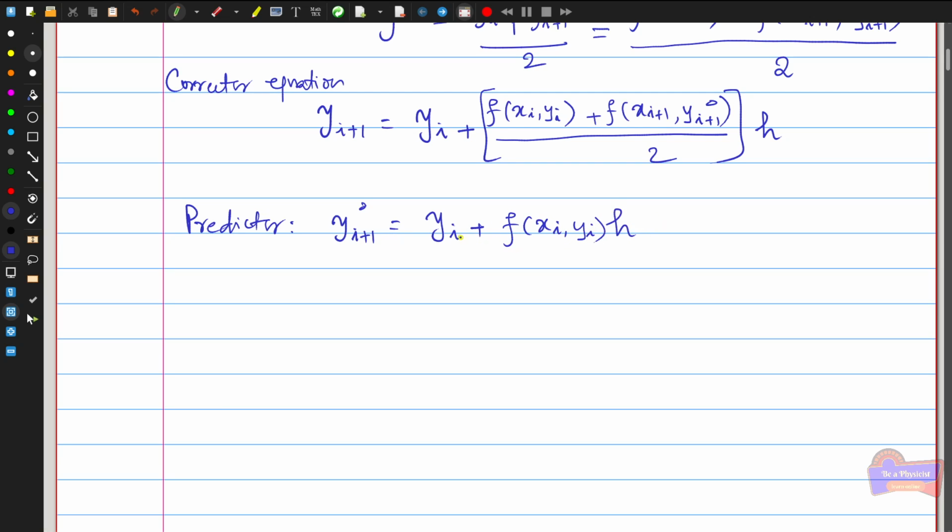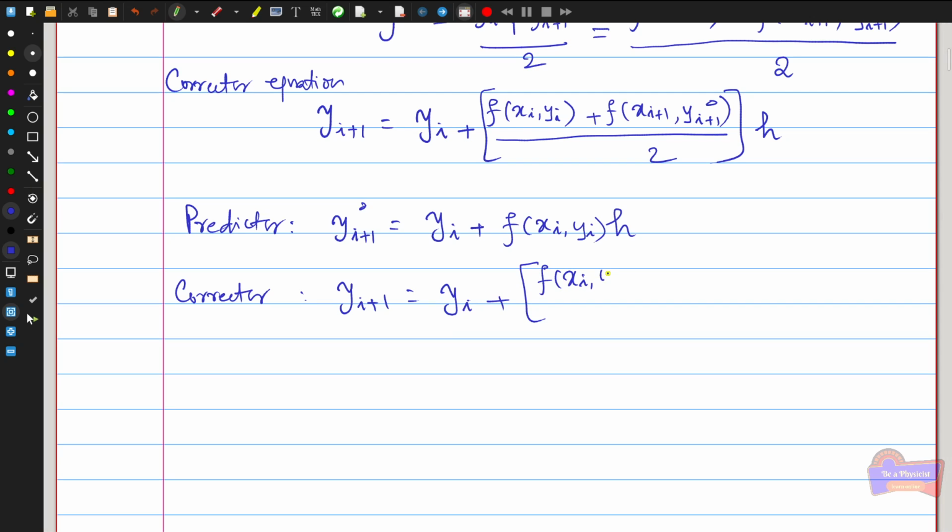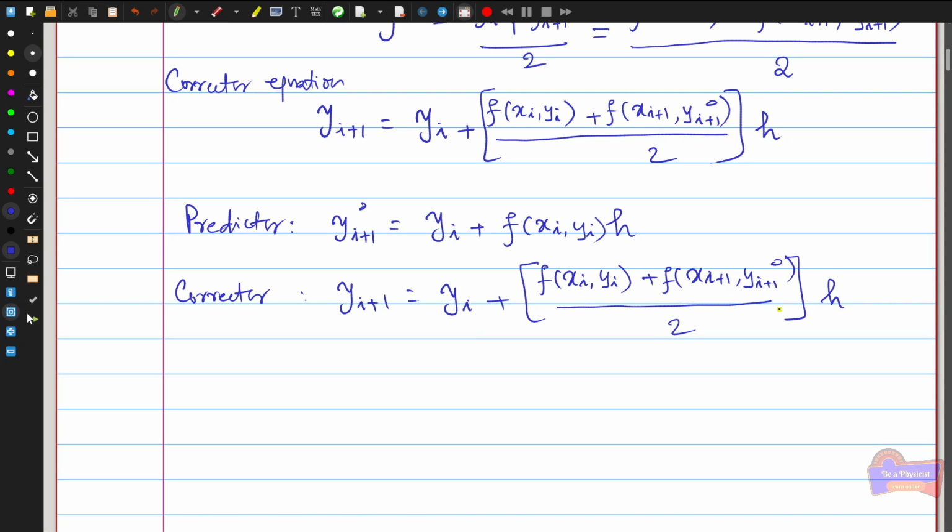So this is the predictor equation, and the corrector equation is y_{i+1}, which is equal to y_i plus [f(x_i, y_i) plus f(x_{i+1}, y_{i+1}^(0))] divided by 2 times h.